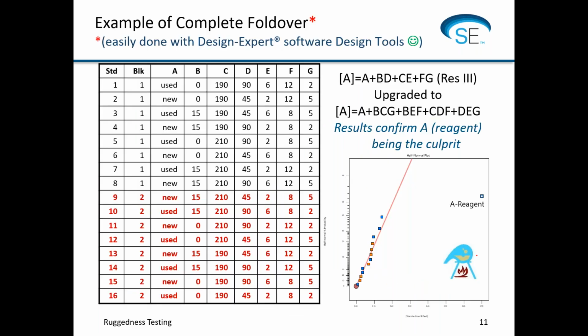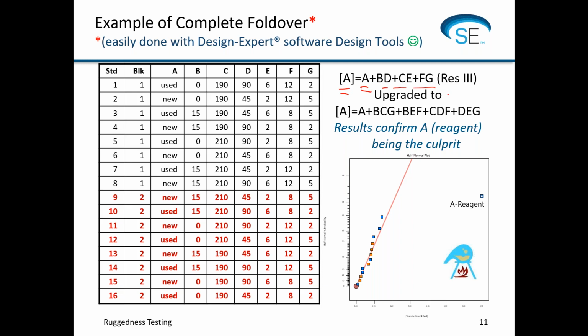So here's the fold over, and it's the way that the reagent was pinned down finally as being the actual culprit. In this case, because it's an 8-run design, the aliasing is pure. And so the aliasing to begin with was that what we thought was A could be one of these other two-factor interactions.